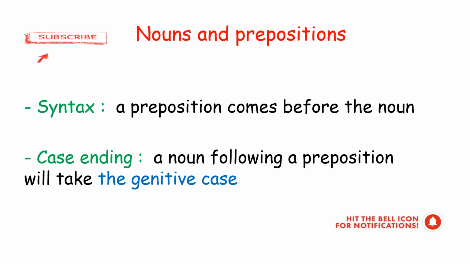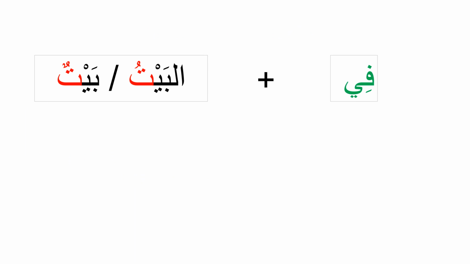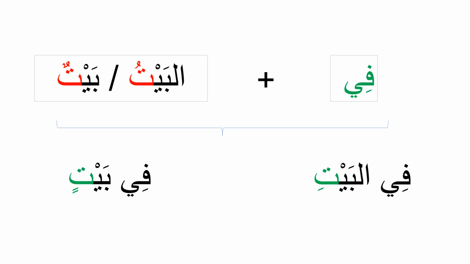Now it's time to put knowledge into practice. Each time we are going to link a preposition to a noun in both of its versions, definite and indefinite one, and see how the interaction will result in changing the default case of the noun. First on the list, the preposition fi and the noun al-baytu. Remember, syntax-wise, a preposition always comes before the noun, so we do say fi al-bayti, fi baytin.